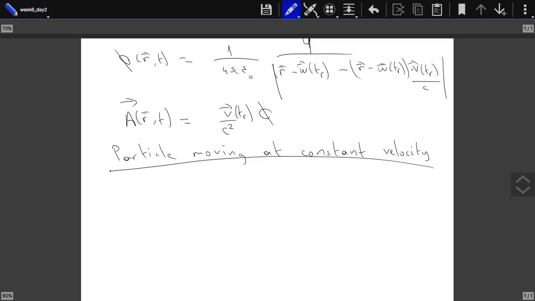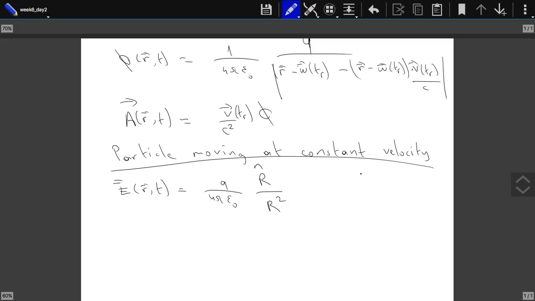And in the case of this motion with constant velocity, there's something interesting. The electric field is Q over 4 pi epsilon 0, times r hat, which I will define. Well, this is basically the electric field if the object was at rest.